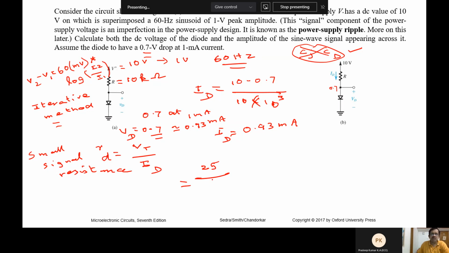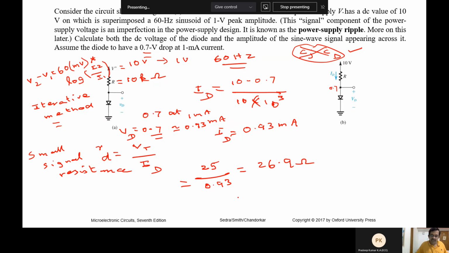You can take it, no harm, and then 0.93. You substitute, and I have done this problem. Let me give you the answer straight away. You will get roughly about 26.9 ohms. That's what you will get, because this is close to 1 but less than 1. Therefore, you will get slightly more than 25. Right. Now we need to find what is the vd.